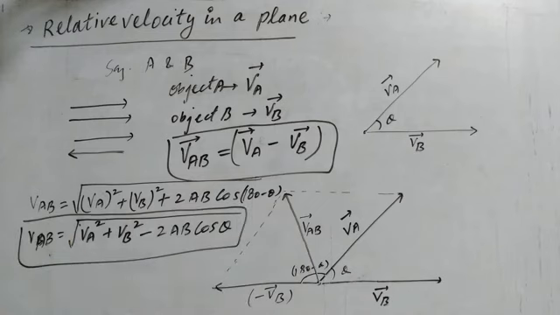Now the direction of the resultant, that is VAB, is given by the same formula as we have calculated earlier.